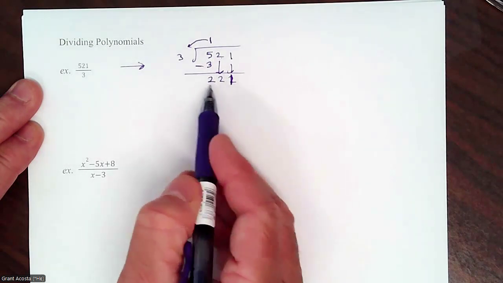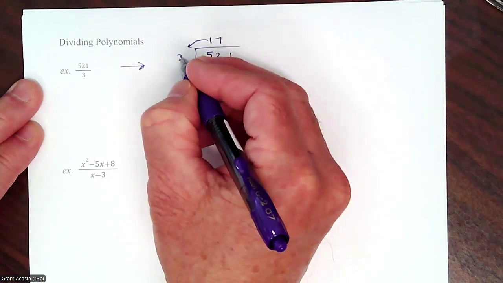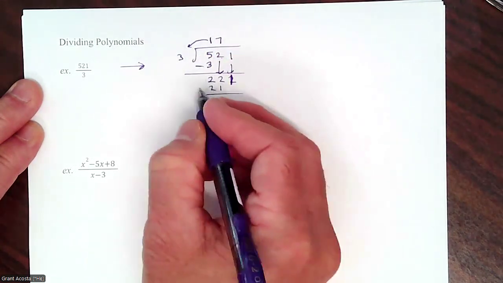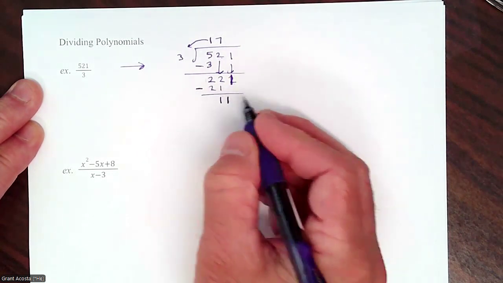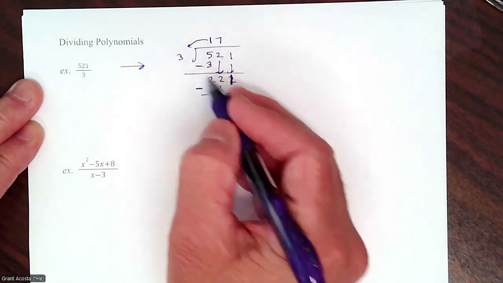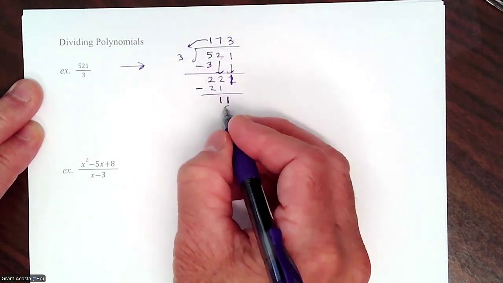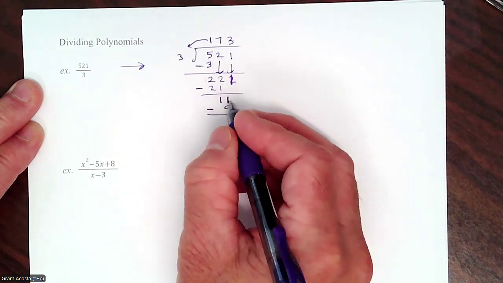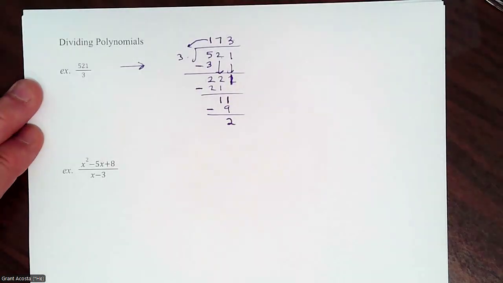Not really, but how many times does 3 go into 22? 7 times. 7 times 3 is 21. Subtract. That's going to give me 1. Bring this 1 down. 3 goes into 11 3 times. 3 times 3 is 9. Subtract, 11 minus 9 is 2. And now it can't go in anymore.